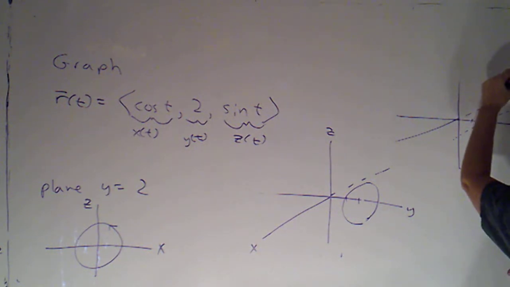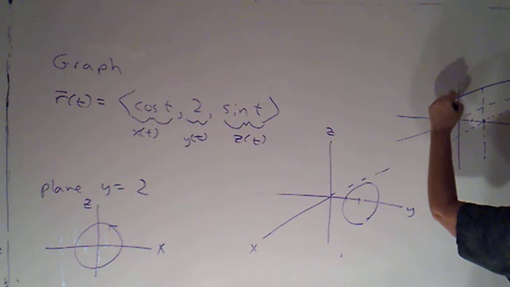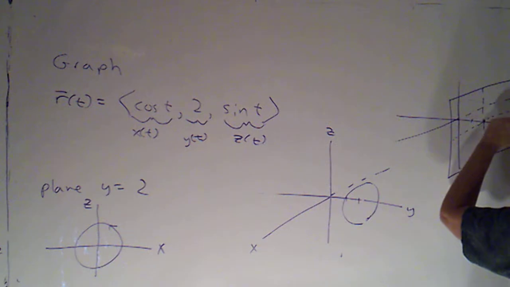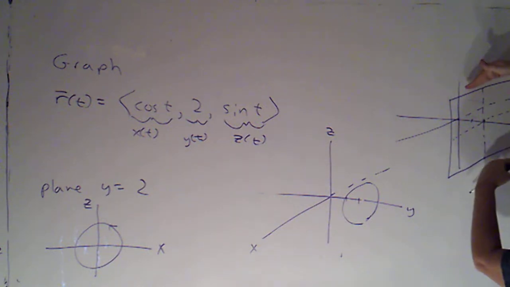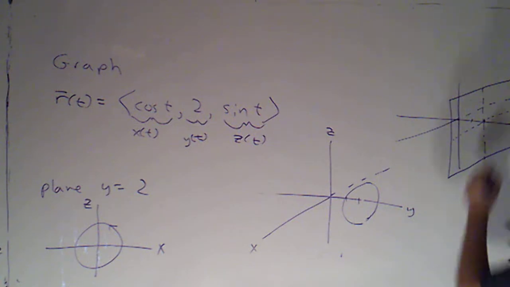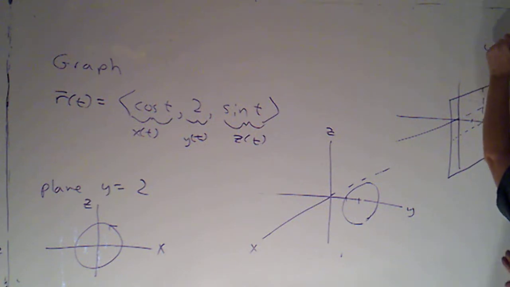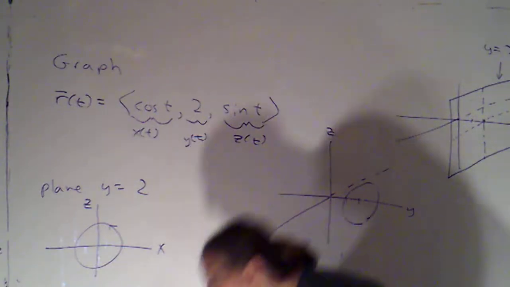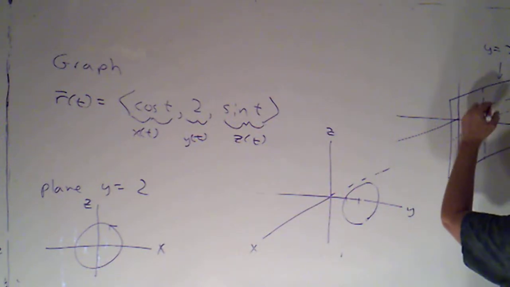And then the way we indicate a plane, of course, is with parallel lines. So I'm drawing parallel lines, 2 parallel to the x-axis, 2 parallel to the z-axis, and that's just my plane y equals 2 right there. And then on that plane, I have this circle.